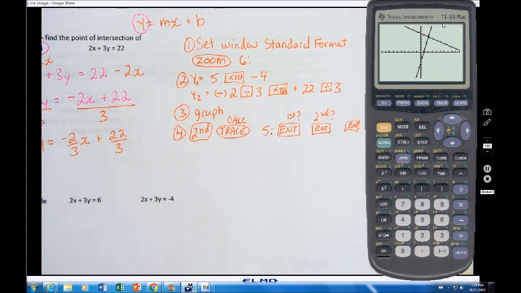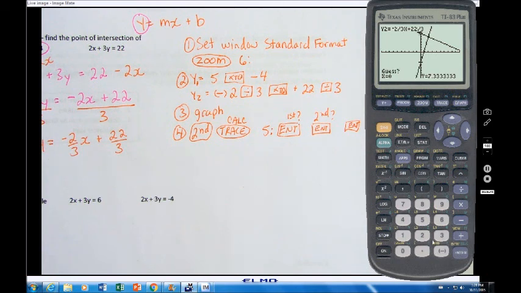So if I do that, second function, trace, number 5, first curve, yeah, that's the one I want. And notice it tells you the curve here. You say, yes, I want that one. Second curve, yep, that's the one I want.